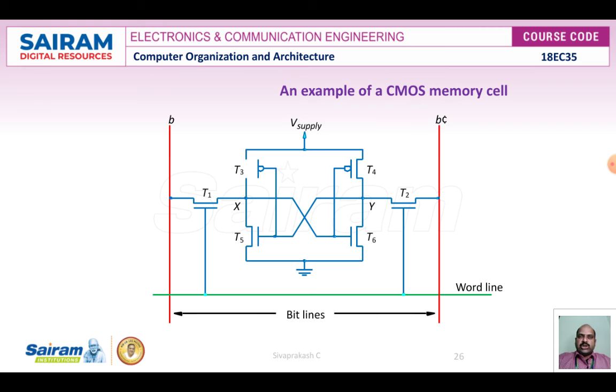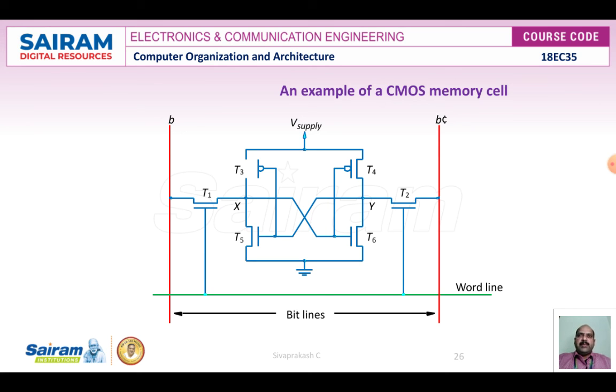If the power is interrupted, the cell content will be lost. When power is restored, the latch will settle into a stable state, but not necessarily the same state the cell was in before the interruption. Hence, SRAMs are said to be volatile memories because their content is lost when the power is interrupted.